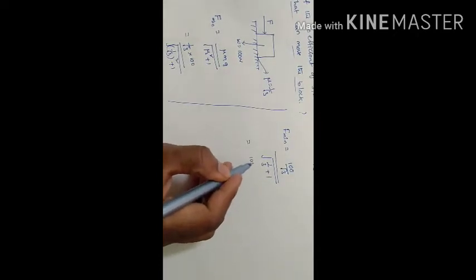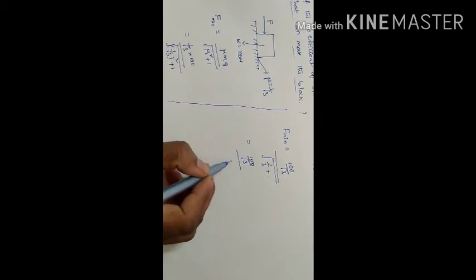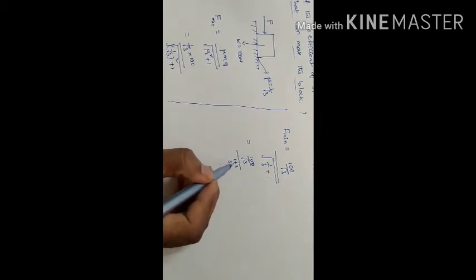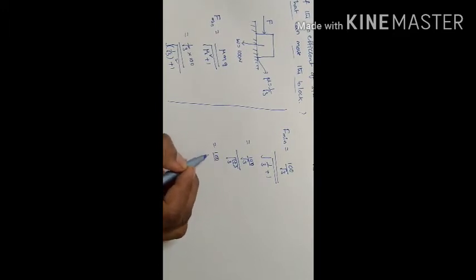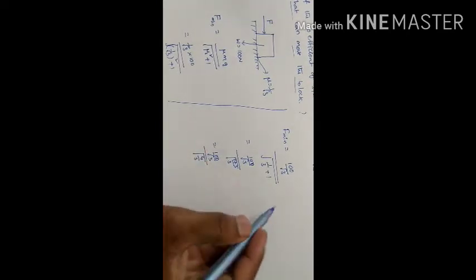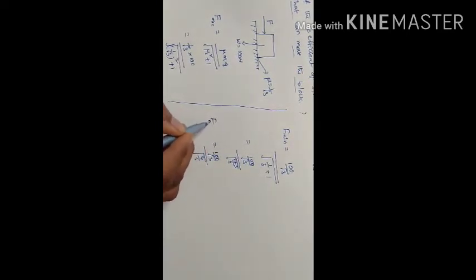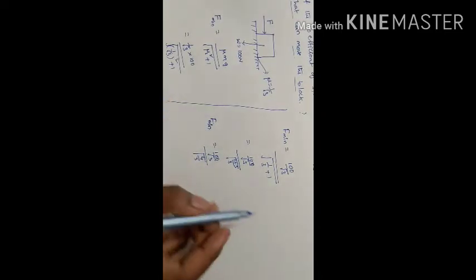That is 100 by root 3 by root of 1 by 3 plus 1. Taking the LCM 3, 1 plus 3 over 3, that is 100 by root 3 by 4 by root 3. This is F minimum.